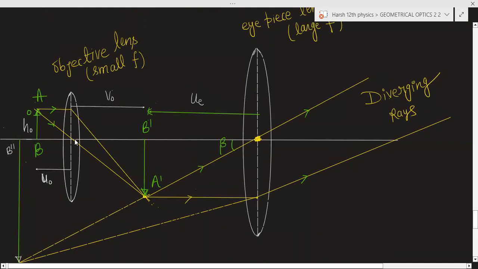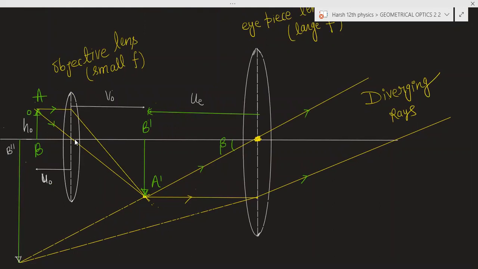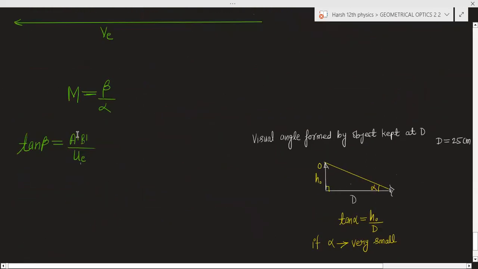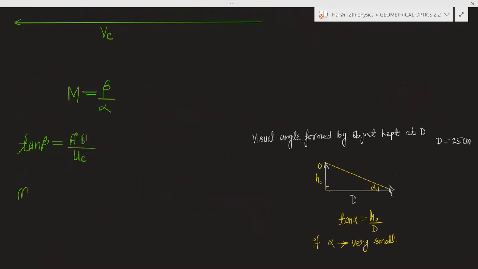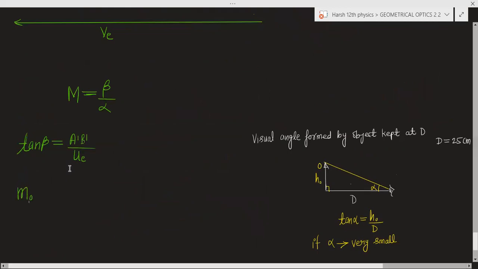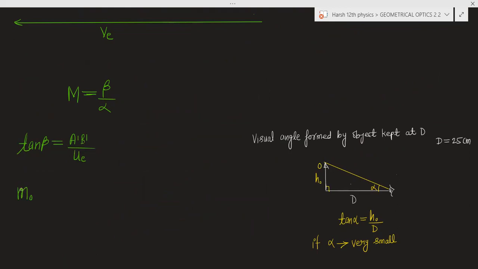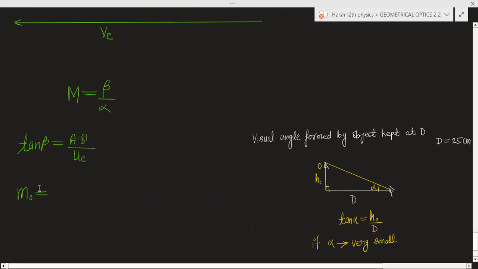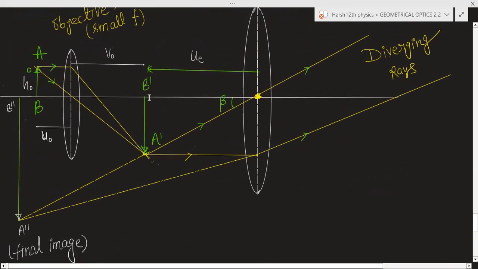Now, if I want to find the magnification of the objective lens, what is the formula for the magnification? Height of the image for the objective lens divided by height of the object for the objective lens. You will understand why I am calculating the magnification of the objective lens. The height of the image is A dash B dash.